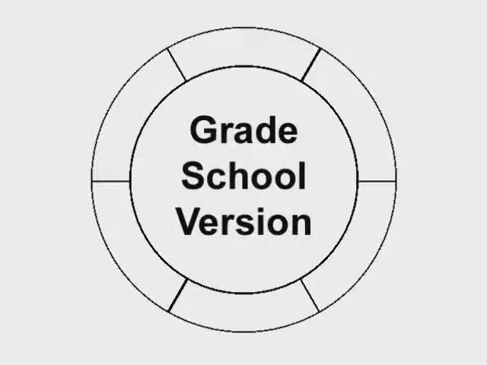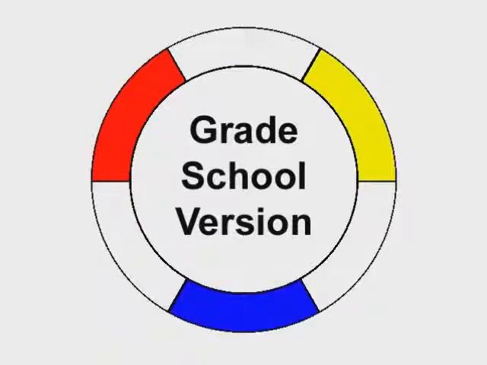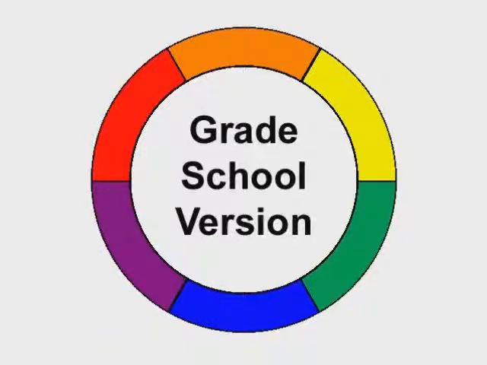In the grade school version, the primary colors were red, yellow, and blue. If you mix yellow and blue together, you get green. If you mix red and yellow together, you get orange. If you mix red and blue together, you get purple.